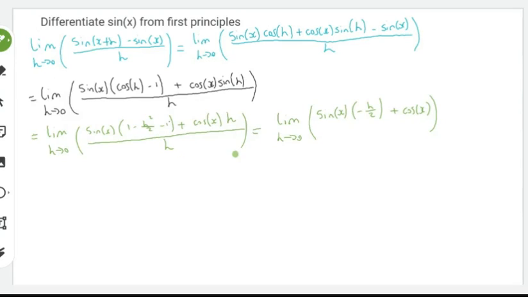Because now we can safely divide by the h. And now that we have no h at the bottom, we can safely apply the limit. Substituting h equals 0, the sine x times minus h over 2 cancels, and you're left with cos x. Nice.